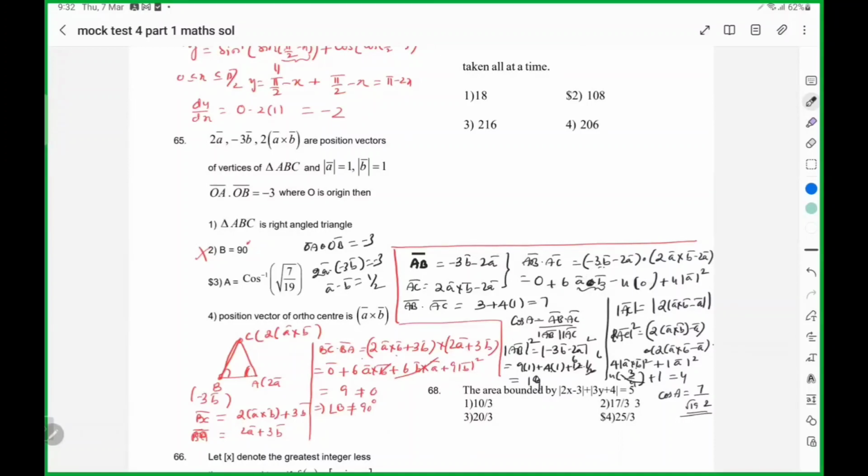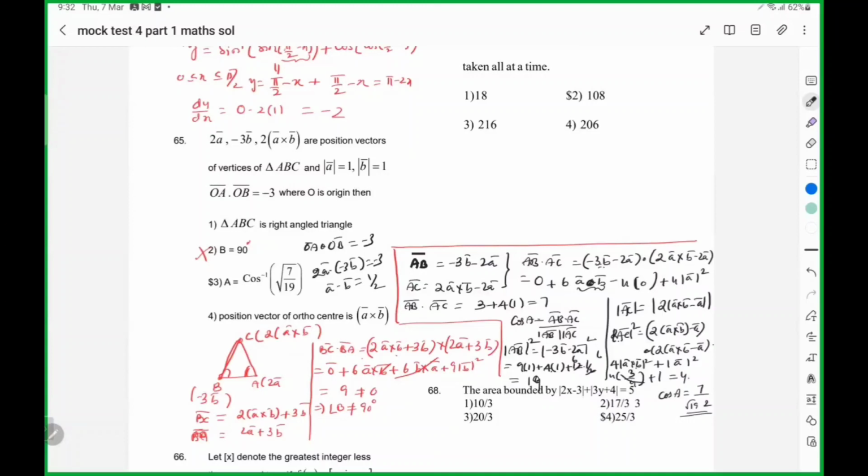So 3 plus 4, 7, correct. AB whole square is 19, correct. So this is in fact AC square. Mod AC square is 4, AC will be root 2.